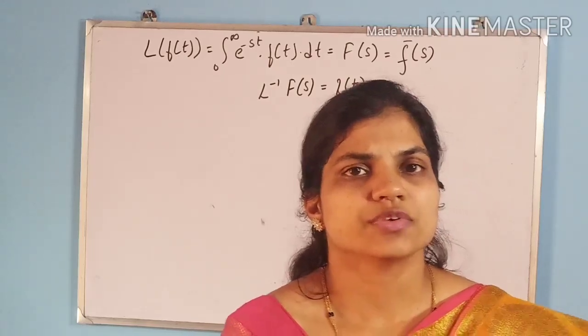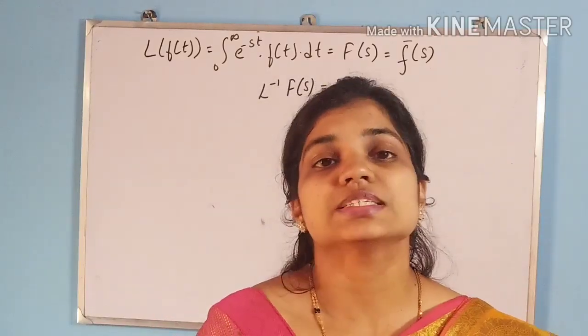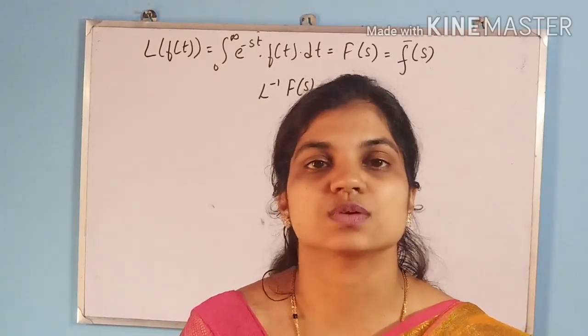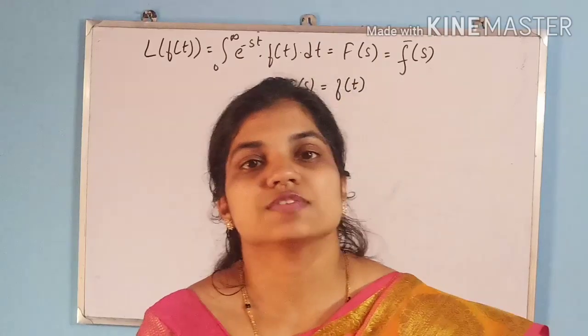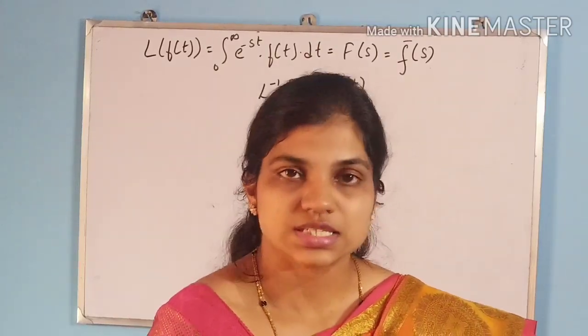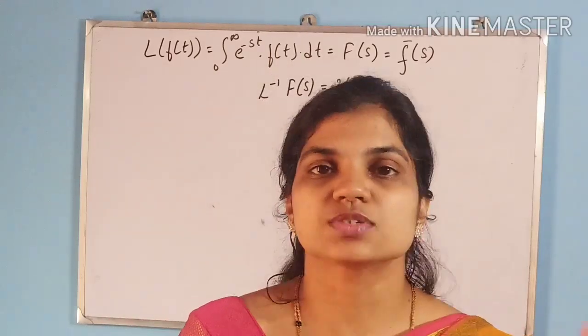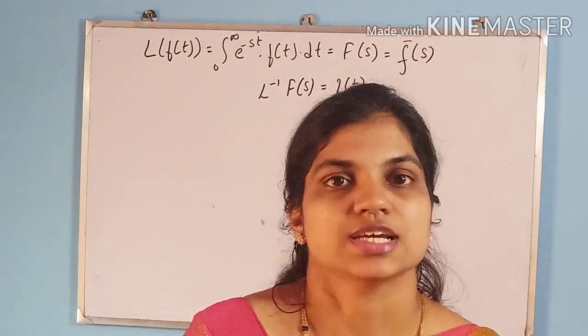Now we're going to write it in reverse form. Laplace inverse of 1 by s is equal to 1. Laplace inverse of s upon s square plus a square is equal to cos at. Here we are not going to prove them; we're just going to write the formulas directly.